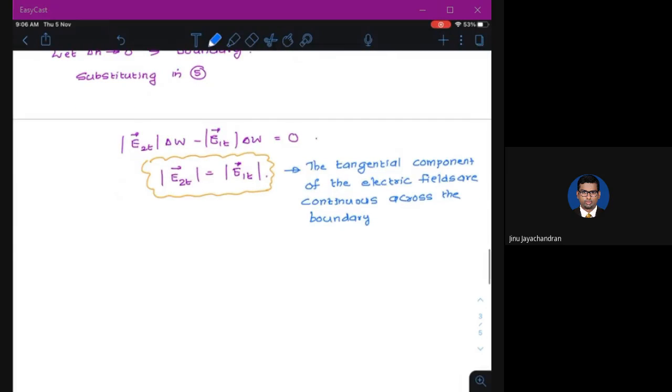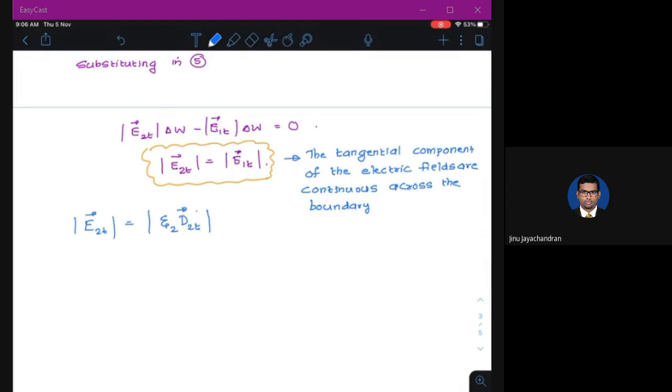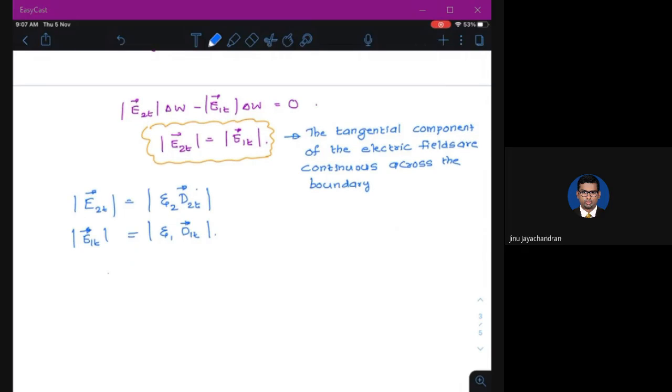You can always write the electric field E2t magnitude as the magnitude of D2t divided by epsilon 2, right? Similarly, I can write the magnitude of E1t as D1t divided by epsilon 1. So if you substitute this, you see the magnitude of D2t by epsilon 2 is equal to the magnitude of D1t by epsilon 1.